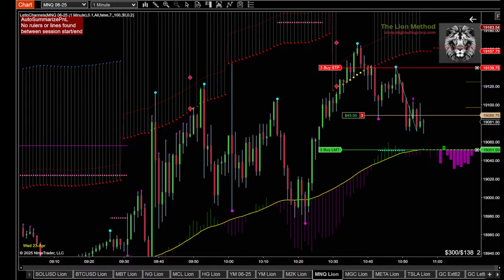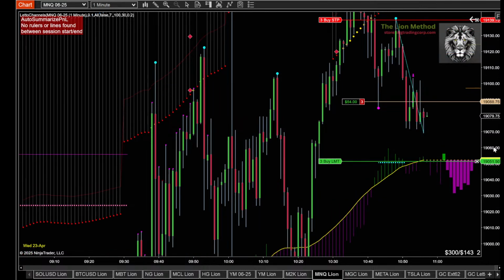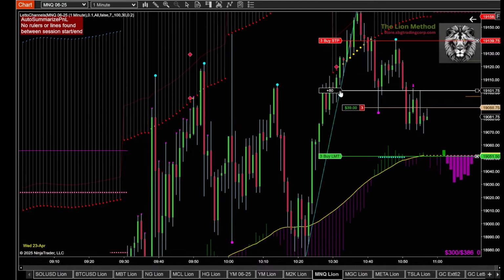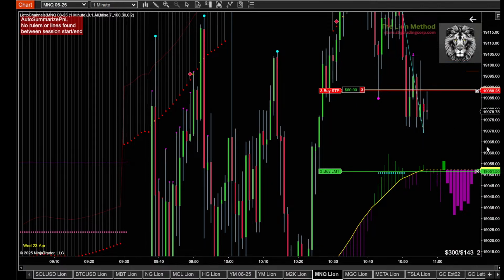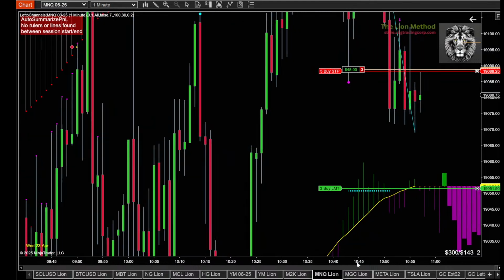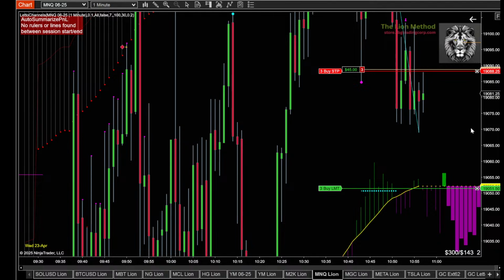All right, micro NAS is getting on my nerves here. We are short in the micro NAS, guys. We had a valid signal, but I'm getting ready to jump out. I'll tell you what we'll do though. I'm going to move this down to that target. And actually, I'm going to move it to break even because we just had a minute bar close below the entry price. You see that? So the high is lower than the entry price.